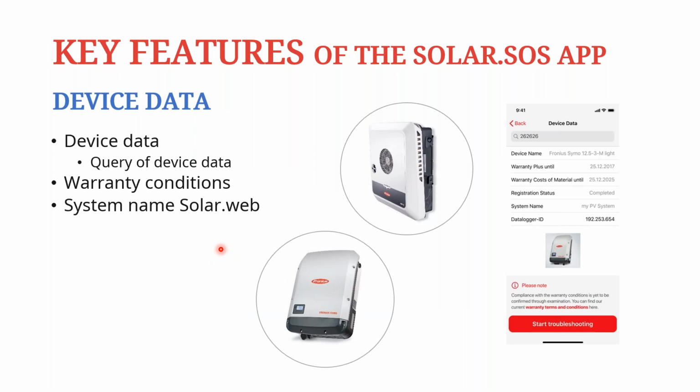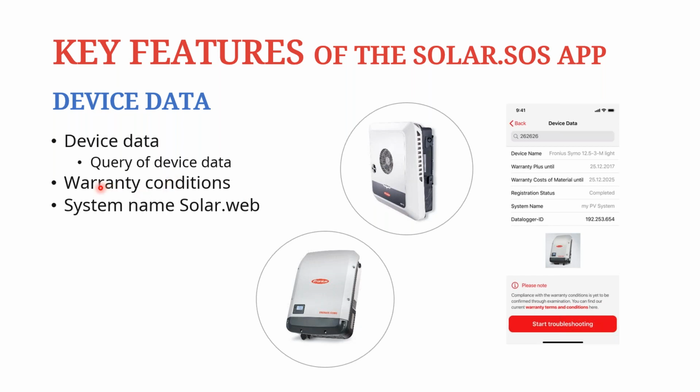In addition to all that, you can also query device data directly in SOS. And this would show you what the warranty conditions are, or the warranty activated, for that particular product. As you know, once you do an installation, you have to extend your warranty from the 2-year standard warranty to maybe 5 years in Fronius SolarWeb.